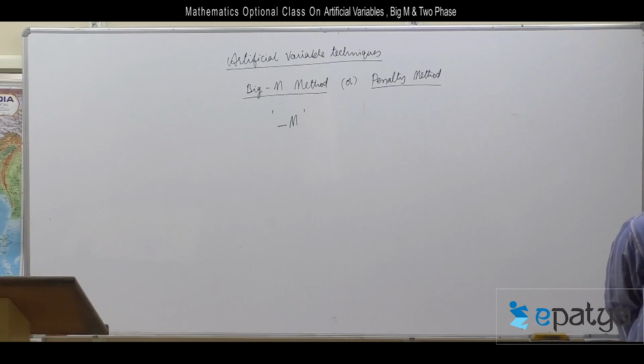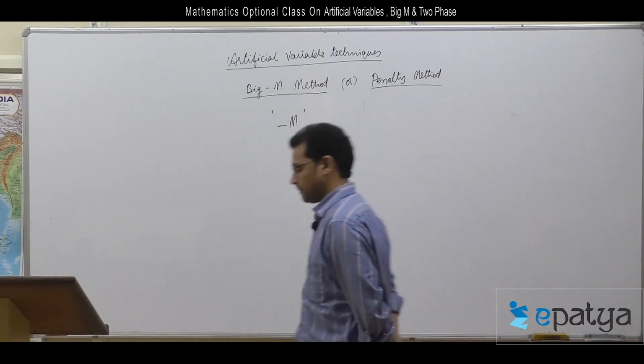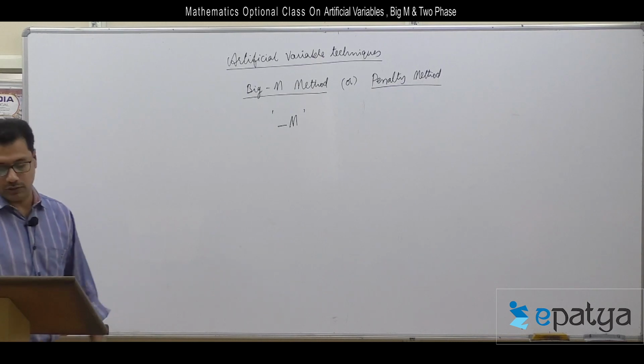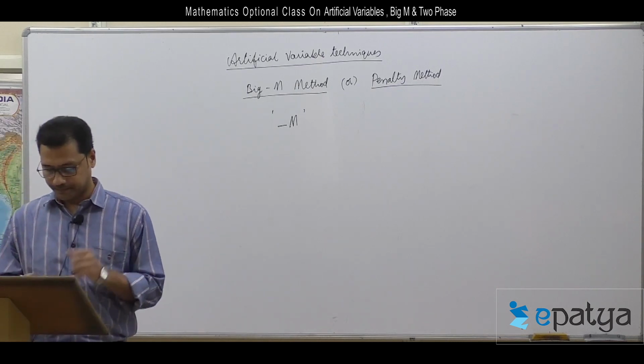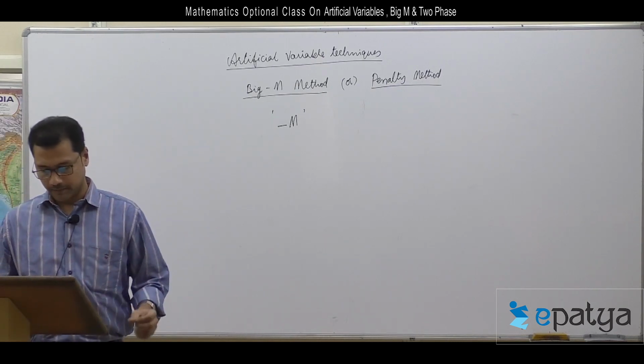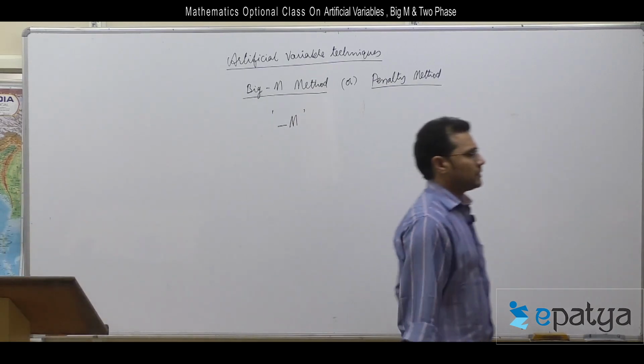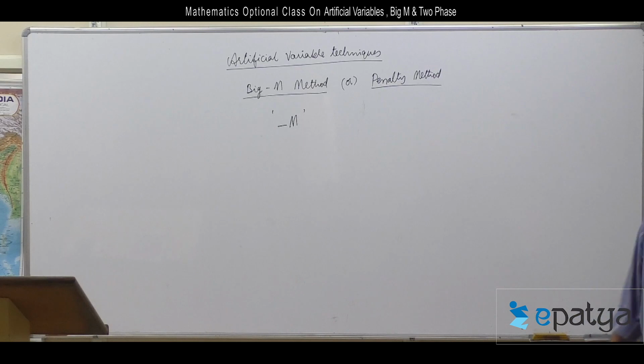When all net evaluations are non-negative, but still an artificial variable is present in the basis. When optimality is reached, then there exists no feasible solution to the problem, to the LPP.